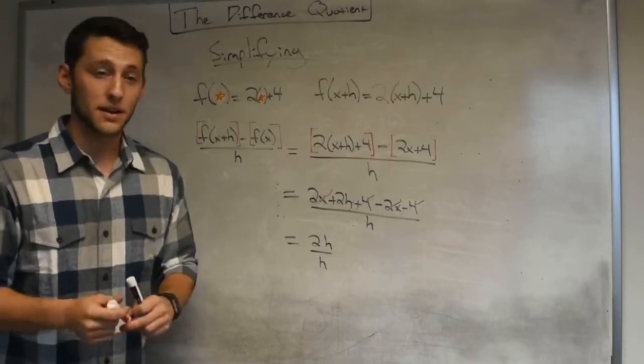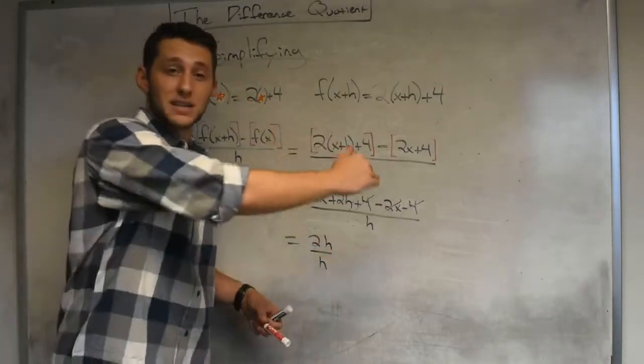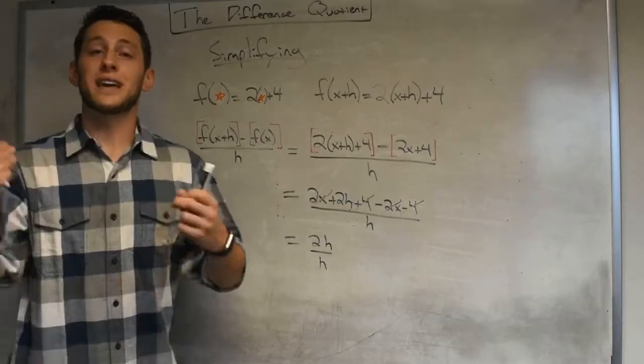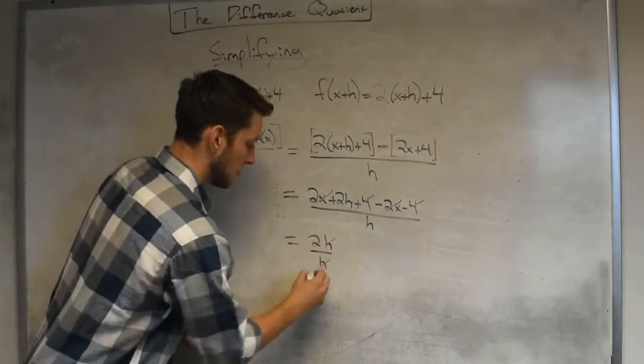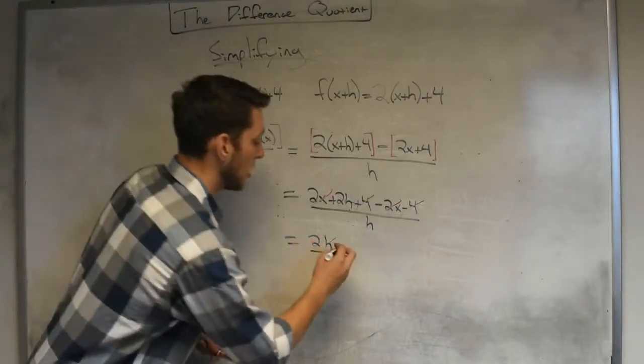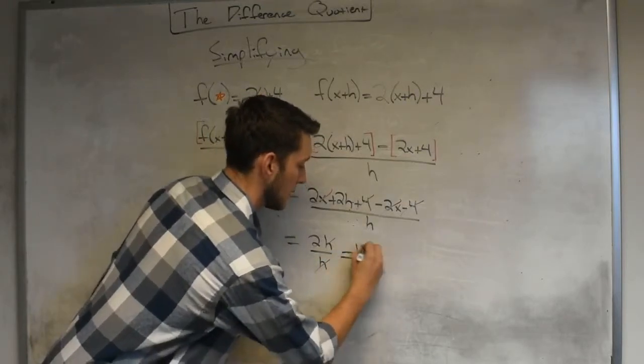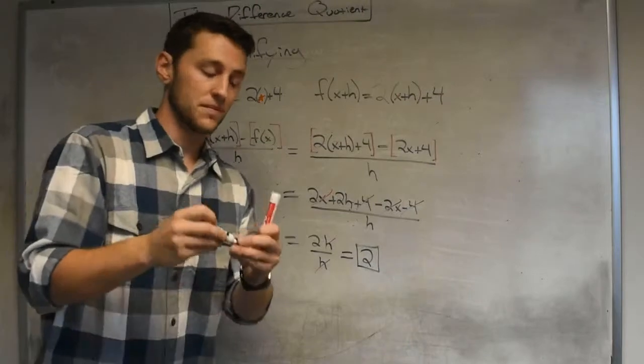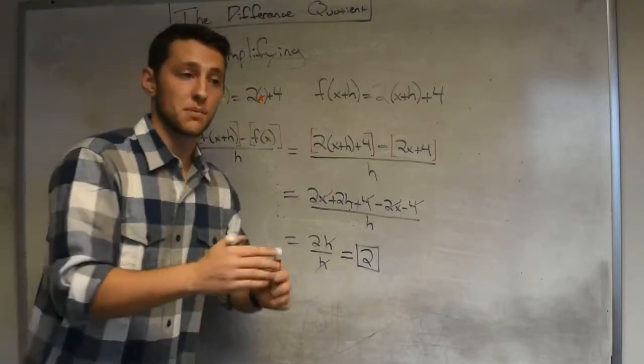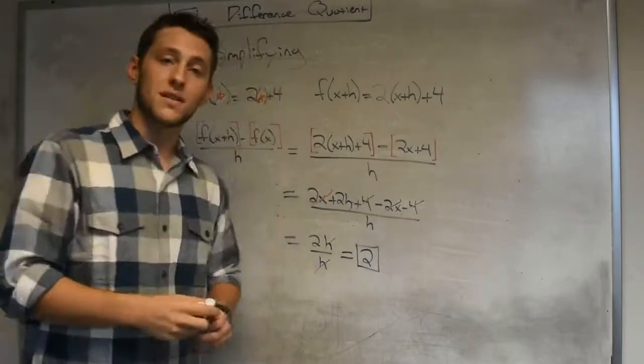Last step right here, notice that since we have an h on top and on bottom, we can cancel both. Boom, boom. And all we're left with for an answer in this case is just 2.